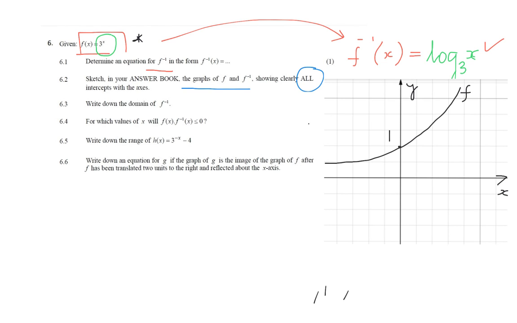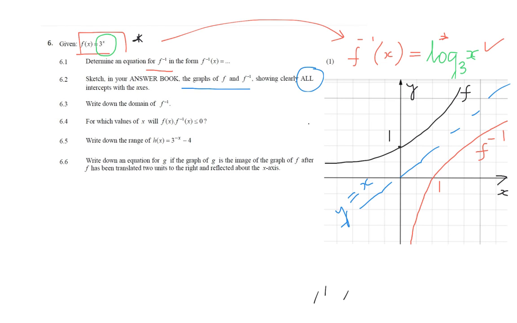So I've got my function f of x with the y-cut clearly shown and labeled with a value of 1, and my inverse, my logarithmic function, is also an increasing function, with the x-cut this time equal to 1. That's my function f to minus 1, and I know that they are a reflection in the line of symmetry y equals x.